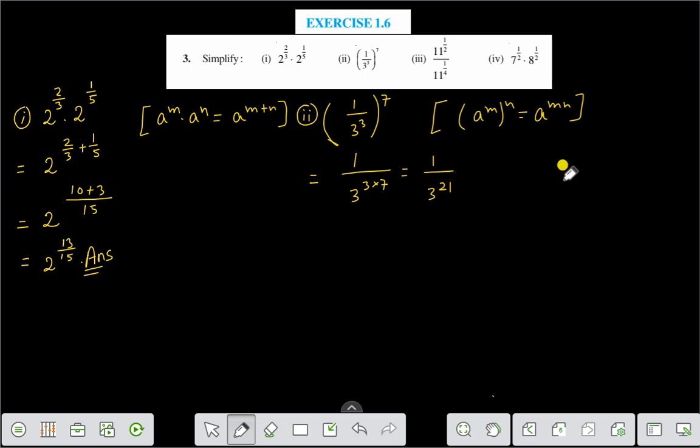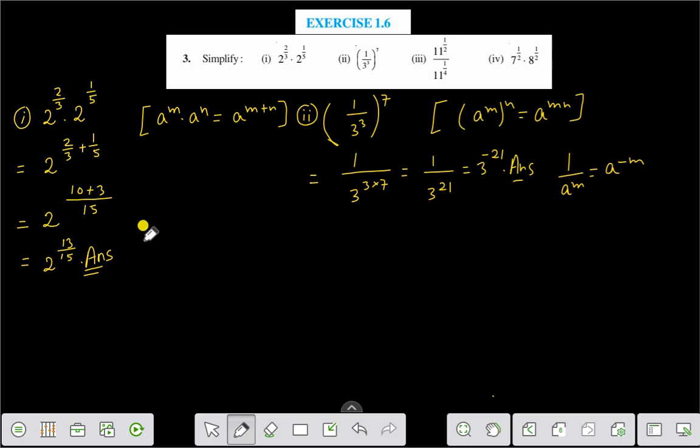Or you can use another formula that 1 by a to the power m is equal to a to the power minus m. Therefore we are getting 3 to the power minus 21, and that is the answer of question number 2.